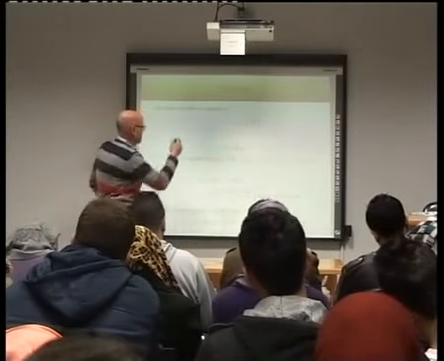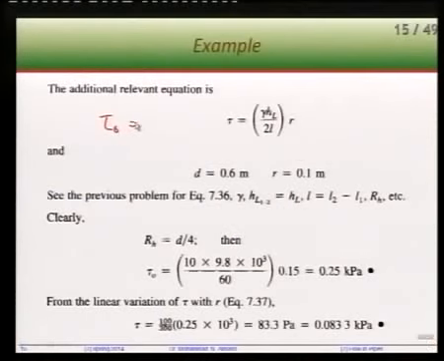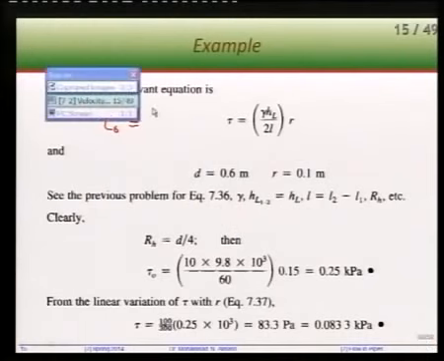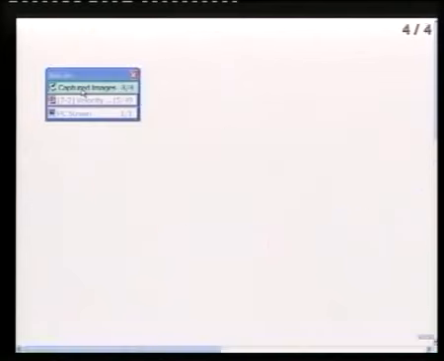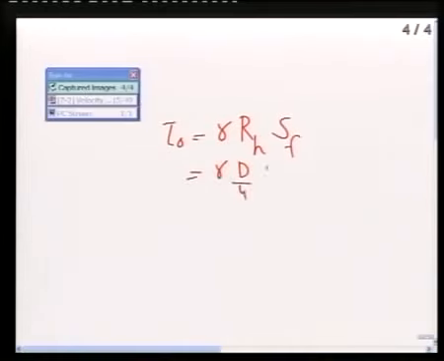Look at this at home, but we go through it quickly. And that means gamma D over 4 HL over L, but I can say this is still gamma.